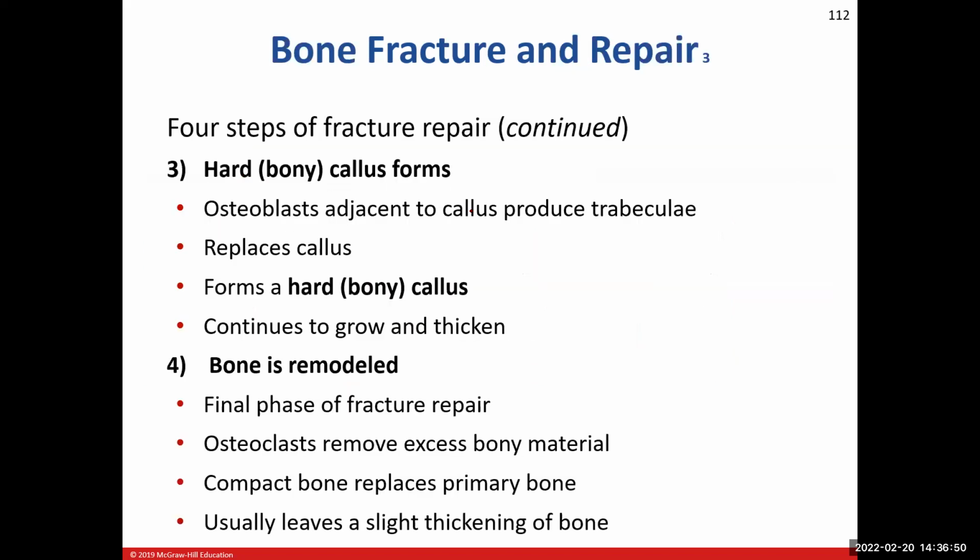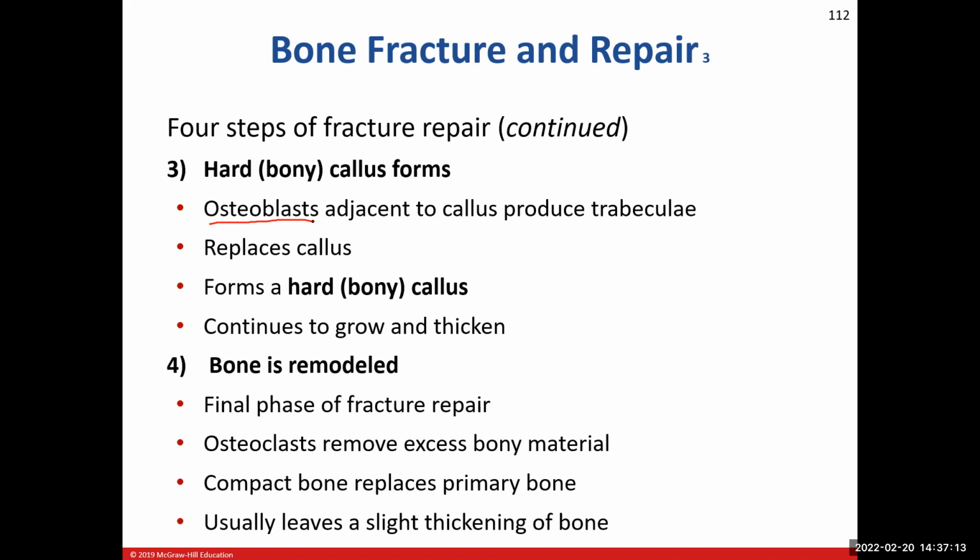All right, so after that now, guess what? We are now going to convert that soft callus into a bony or hard callus. So we are going to replace that soft cartilage tissue with bone tissue from our osteoblasts.